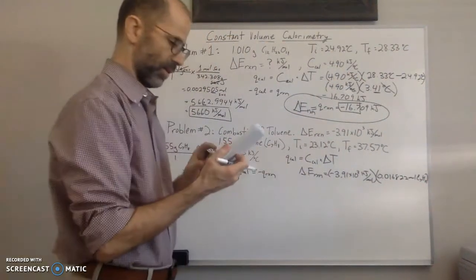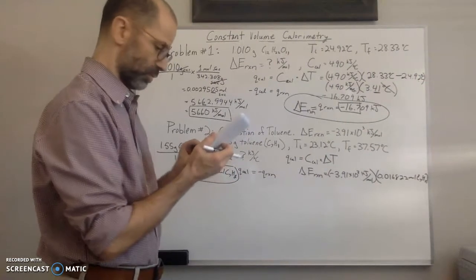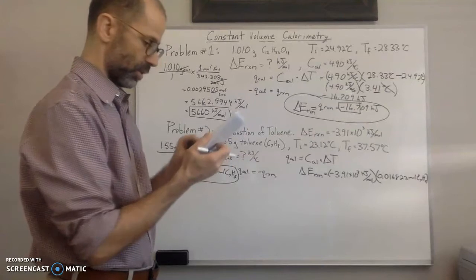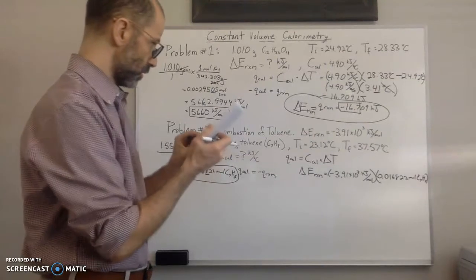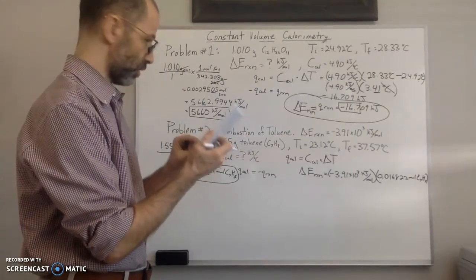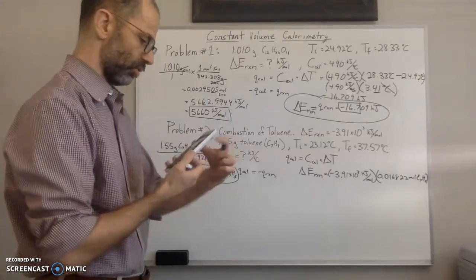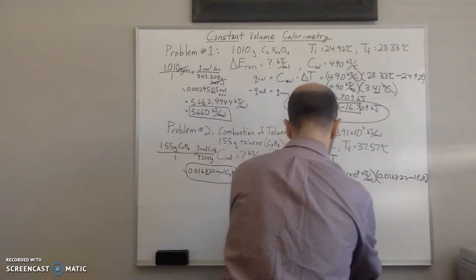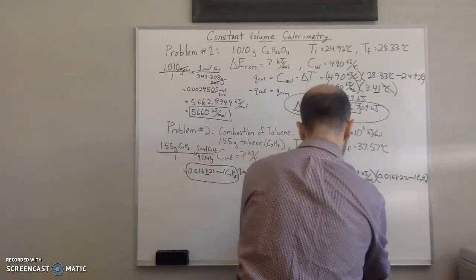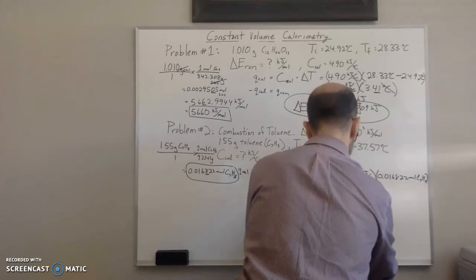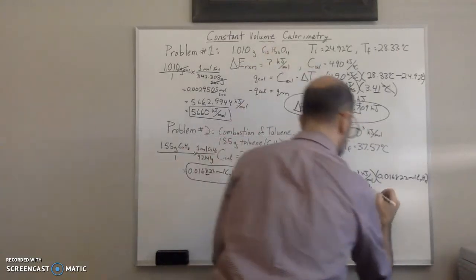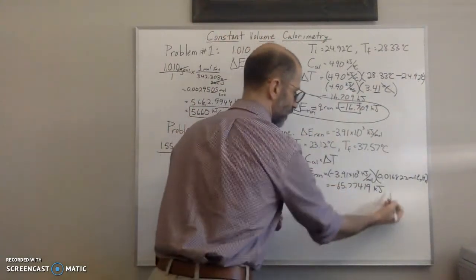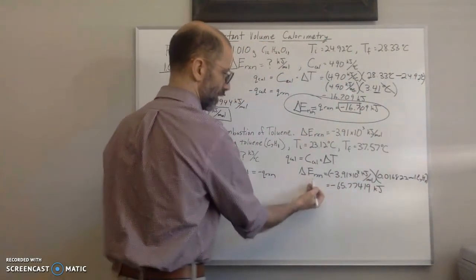So we multiply those together, times 3.91 times 10 to the third, equals, and we get negative 65.77419, and this is going to be in kilojoules. So this is the amount of heat evolved from the reaction in kilojoules.